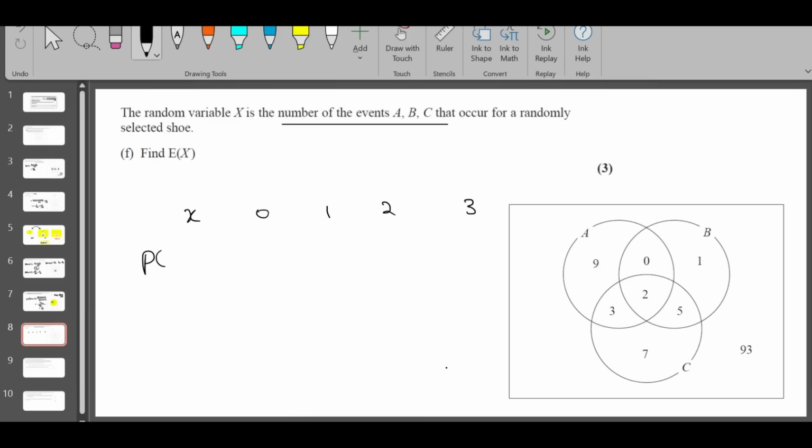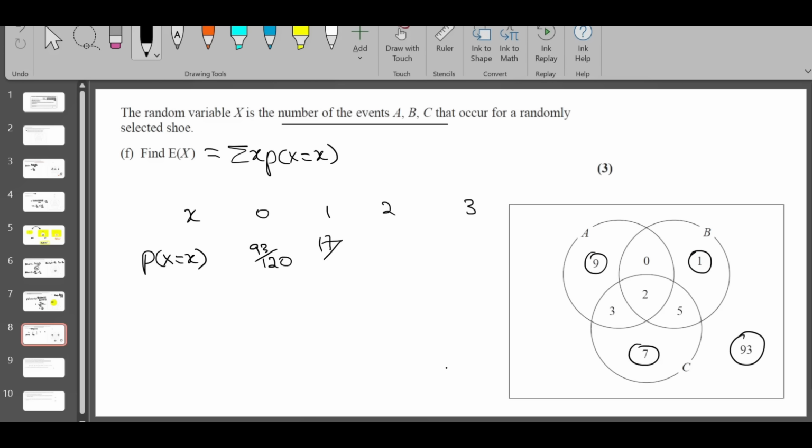And you need to find the probability corresponding to it. So you will get the probability distribution and then find E of X. The formula is sigma x times P of x. That's all. So when they say 0 defects, there are 93 shoes. So 93 over 120. 1 defect, 9 plus 1 plus 7, 17 over 120.